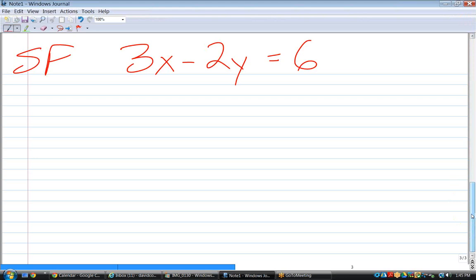If you need to know the slope and the y-intercept, then the easiest thing to do is to put it into slope-intercept format. But if you need to know both y and x-intercepts, this is actually the best format to have it in, because it's real easy to substitute 0 for one of the terms. The moment you substitute 0 for either x or y, that whole thing disappears.